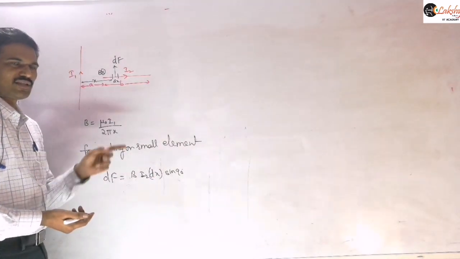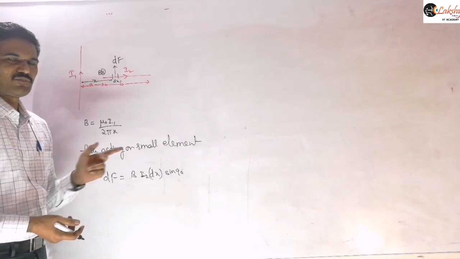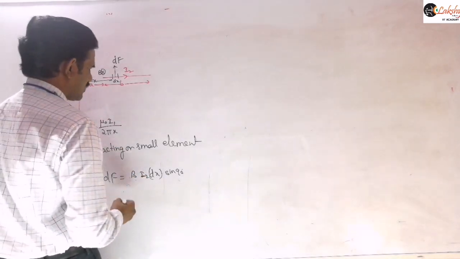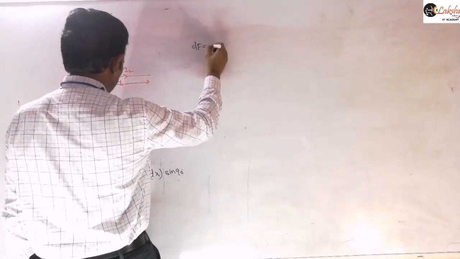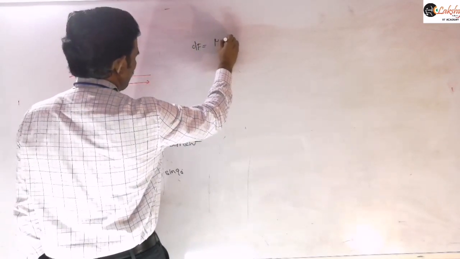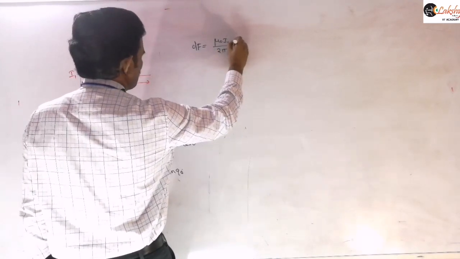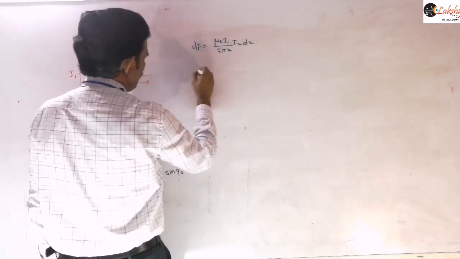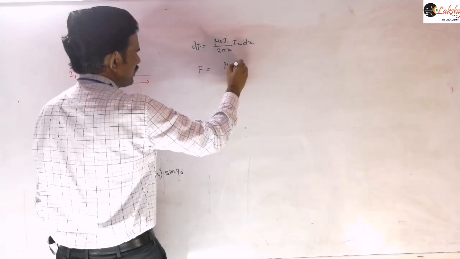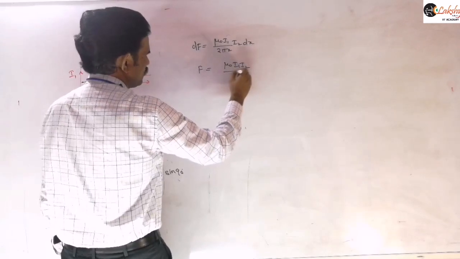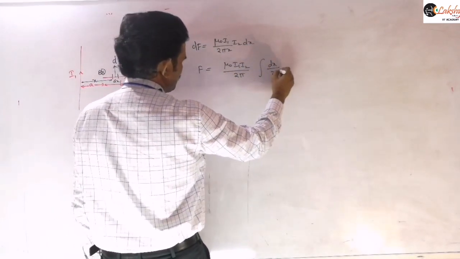The angle between B bar and this L bar is 90 degrees, as both are perpendicular. Therefore dF is equal to mu naught I1 by 2 pi x into I2 into dx. To get the total force we need to integrate this: mu naught I1 I2 by 2 pi into the integral of dx by x.